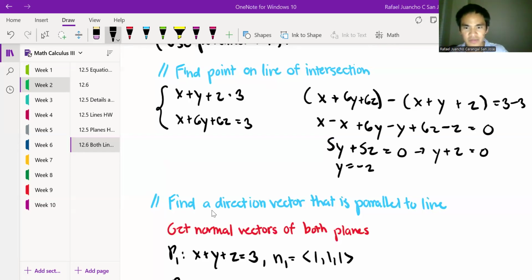And then if we want to express it in terms of the parameter, here y is just t and z is negative t. Oh shoot, it's the other way around.